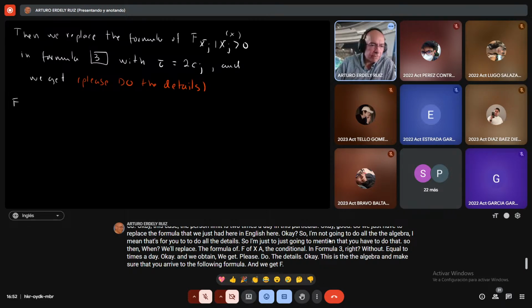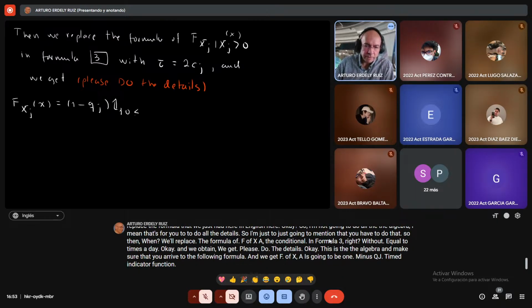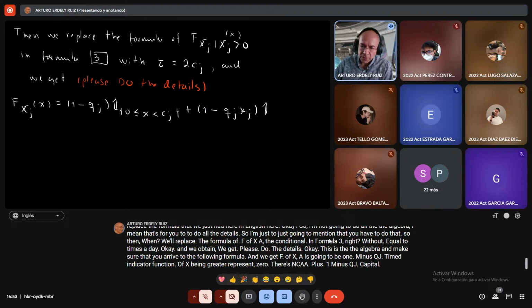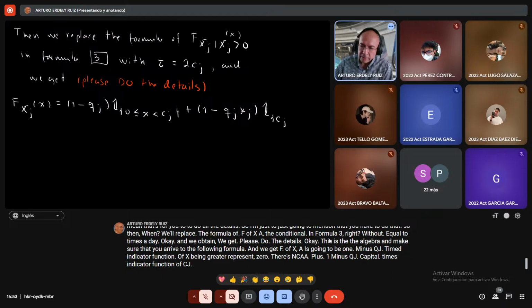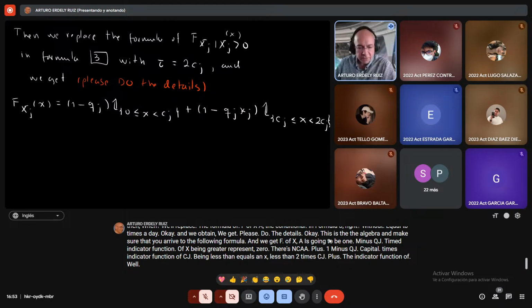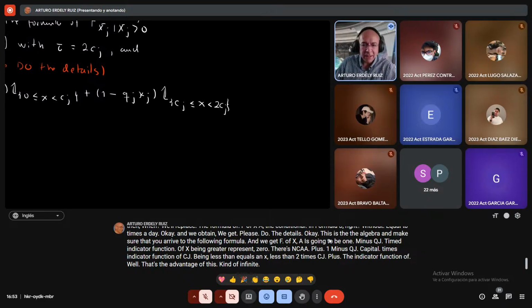And we get f of xj is going to be 1 minus qj times the indicator function of x being greater or equal than 0, less than Cj, plus 1 minus qj kappa j times the indicator function of Cj being less than or equal to x, less than 2 times Cj, plus the indicator function of, well, that's the advantage of this kind of infinite blackboard, right?